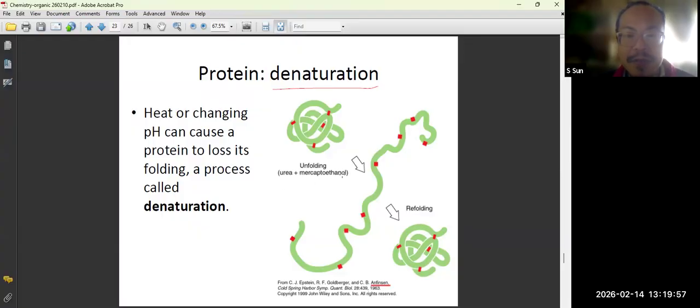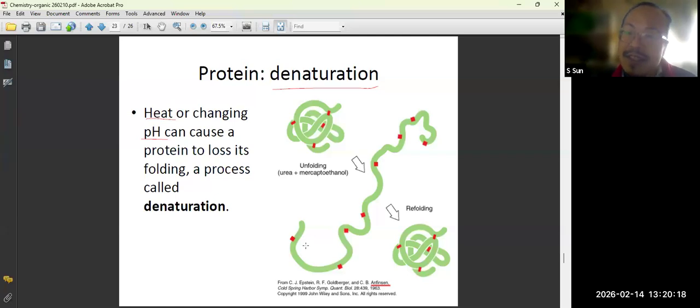Yeah, so you need to remember this terminology. Denaturation. And you can fold it again, refold. Unfold, refold. So heating can cause unfolding. Heat or low pH, both can unfold.